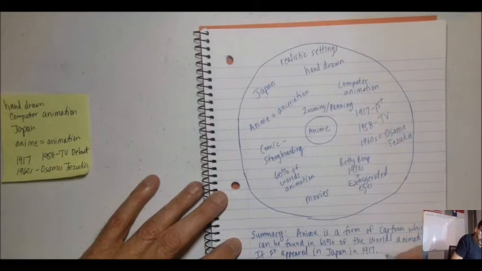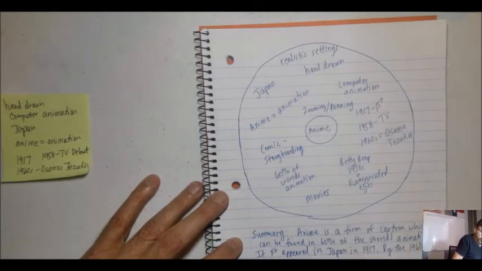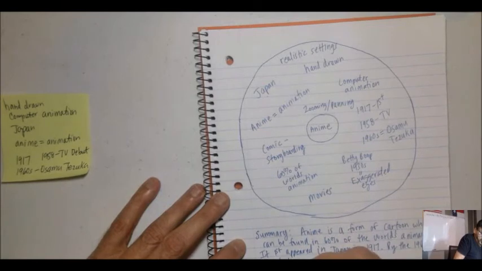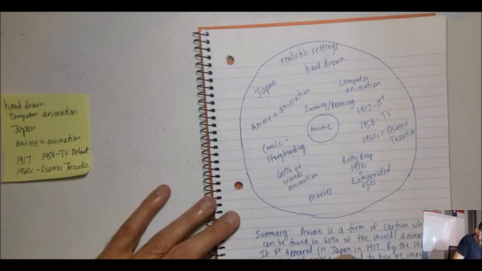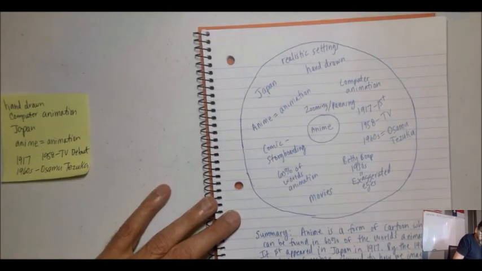And then you could say, by the 1960s, the look of anime changed to how we see it, changed to how we imagine anime to look like, thanks to the talent of Osamu Tezuka.